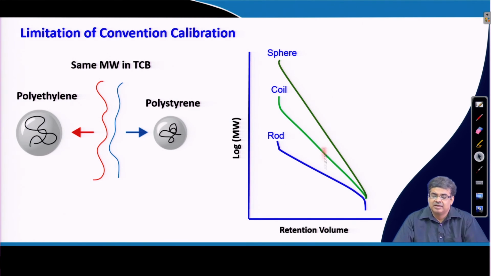Hence, if we use this relative technique, the molecular weight numbers will be different, or will be more erratic, if the shapes of the polymer molecules are not the same.